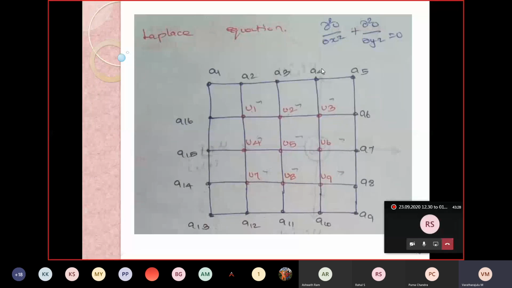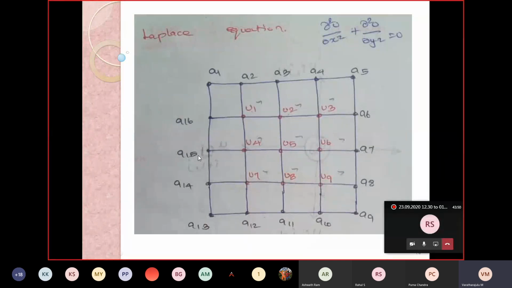Assume this is the plate. Our plate is exposed to the atmosphere, and some left or bottom portions may be a heat source, and what happens in the middle we need to consider, and with that Laplace equation we can find the results.